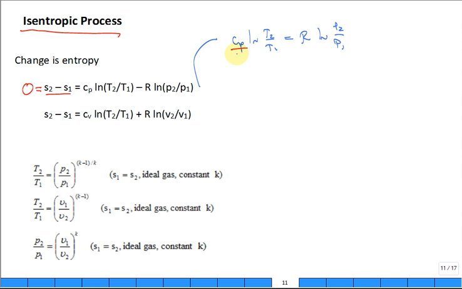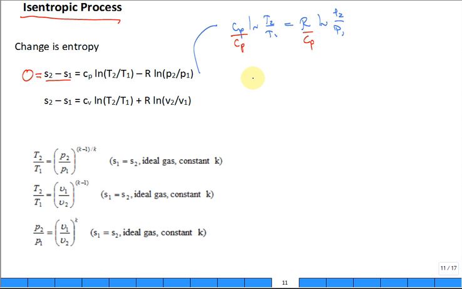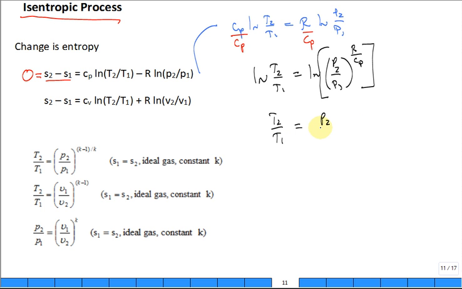Then we can divide by C sub P, and then the natural log of T2 over T1 is equal to the natural log of P2 over P1 to the power R over C sub P. Does that all make sense? Those algebraic manipulations? Exponentiate both sides: T2 over T1 is equal to P2 over P1 to the power R over C sub P.